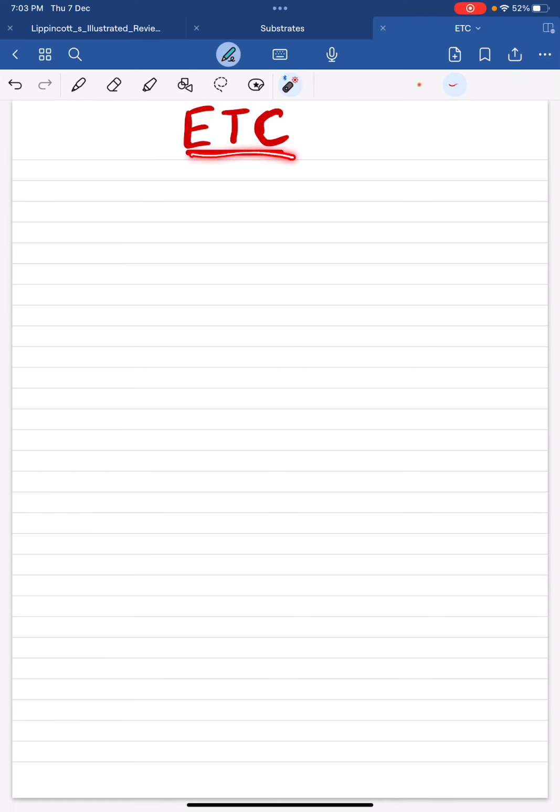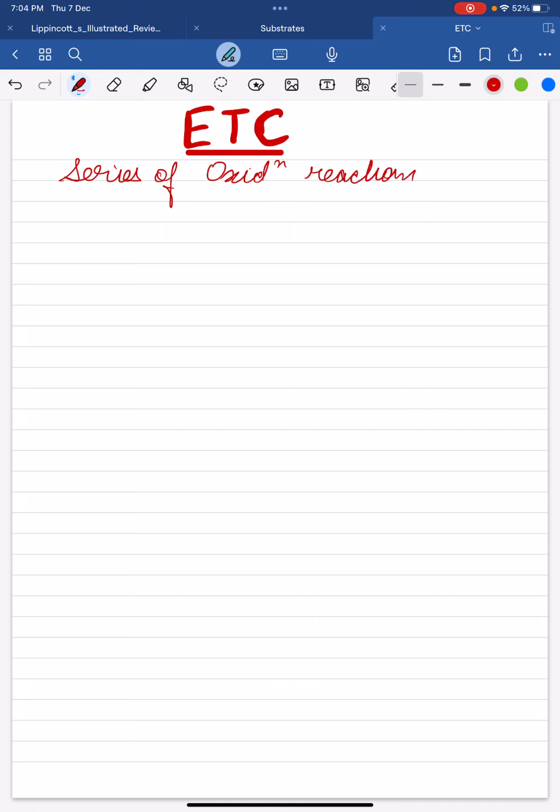Today we are going to revise ETC. So ETC is actually a series of oxidation reactions in which substances like glucose are oxidized into carbon dioxide and water.